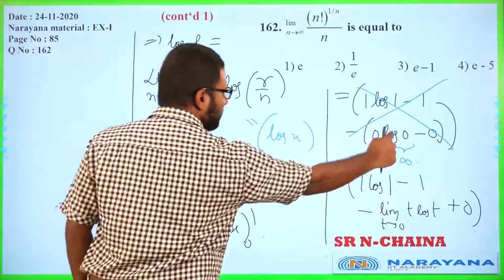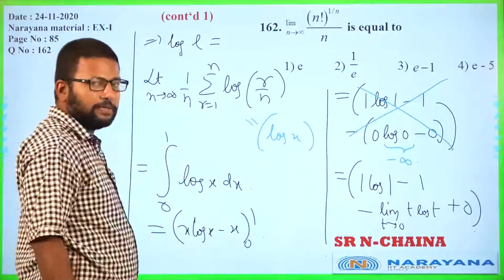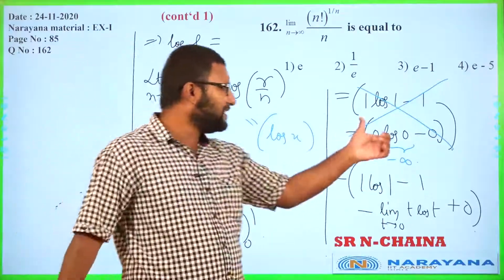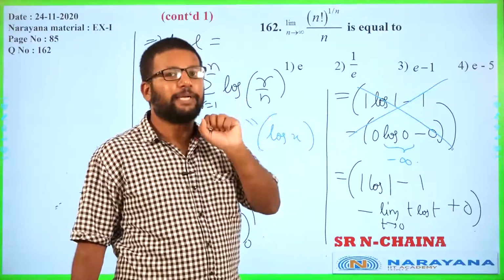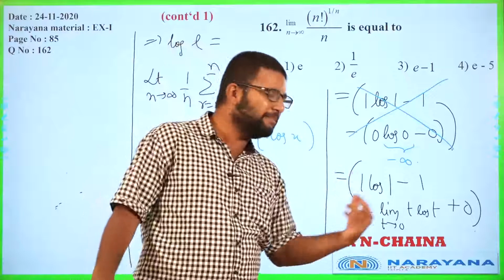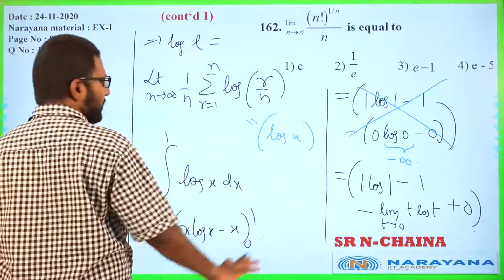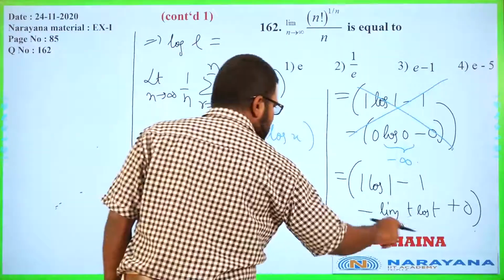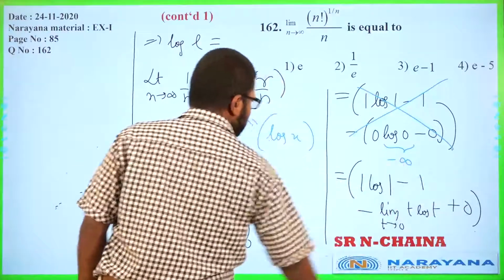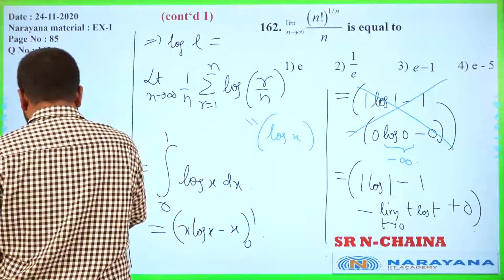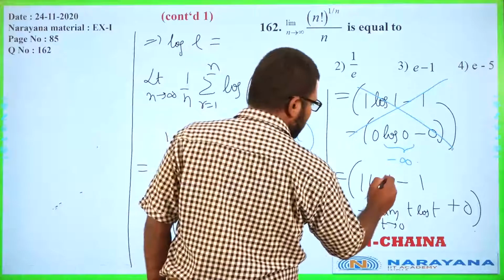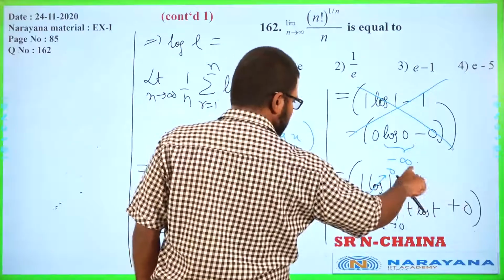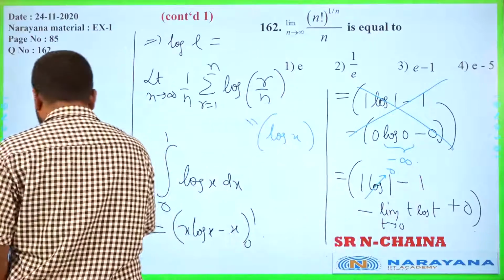Just this one term I have substituted like this, because we know 0 into infinity is not undefined, it is indeterminate, which is why we should write it in limit form. Alright, hold on to this, keep this as it is. Let us first figure out the rest of the stuff. You will realize that 1 log 1 is 0, you can ignore this, that is also 0, so we are only left with this.